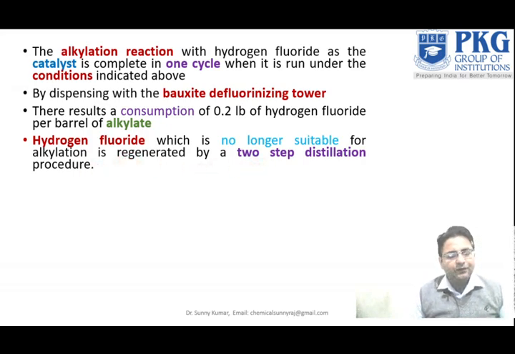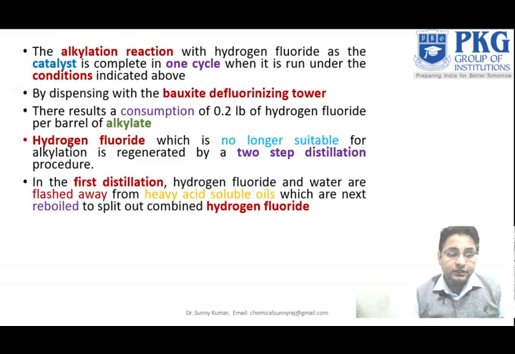This is one difficulty if you want to reuse this hydrogen fluoride; that is very critical for reusing. So we require a two-step distillation for regeneration of our catalyst. In the first distillation, hydrogen fluoride and water are flashed away from heavy acid-soluble oils, which are next reboiled to split out combined hydrogen fluoride.